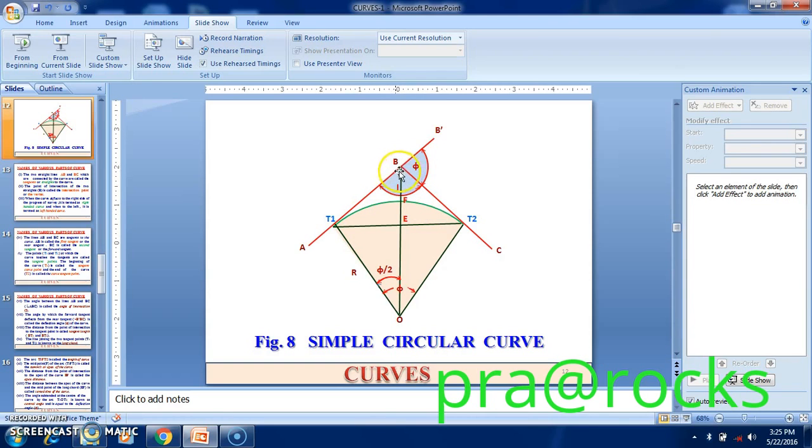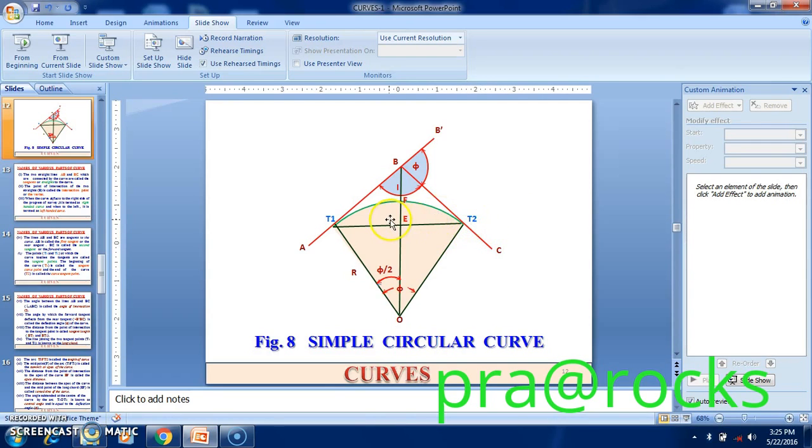And this point of intersection B is termed the vertex of the curve. And the tangent points, T1 and T2, are the tangent points for these curves, where T1 represents the beginning of the curve, the tangent curve point, and T2 is the end of the curve, or curve tangent point.